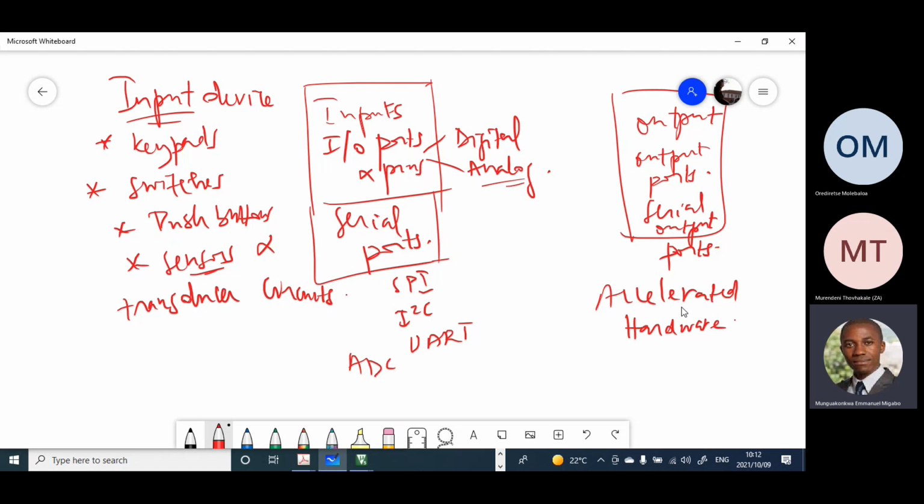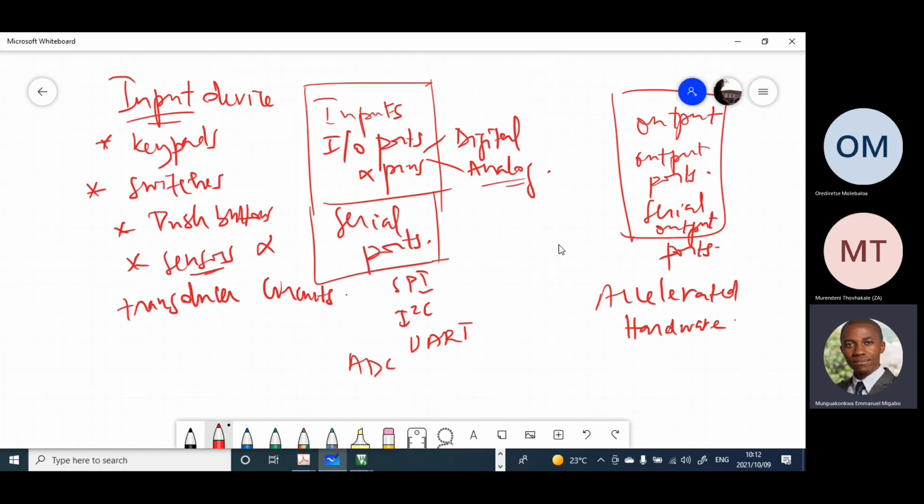We could have an accelerated hardware for CAN bus in vehicular applications, for example. That will be a piece of hardware within the microcontroller that is dedicated to controlling communication within an automobile. You get more and more of these hardware accelerated modules integrated within the microcontroller.